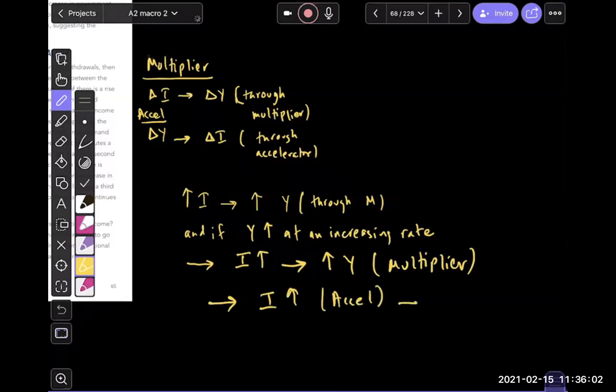You guys get that? So it's kind of like a spiral that is happening. I went up causing Y to go up, Y went up, again I went up, again Y went up. Will this process ever stop? Your GDP is continuously growing. Can there be any possibility that can stop this process? Can we grow infinitely? Why? What stops us from growing infinitely?